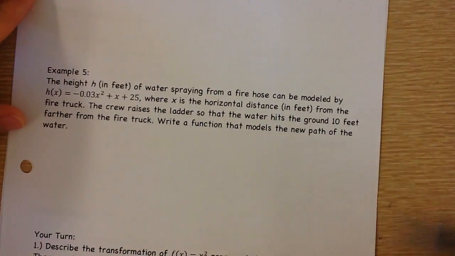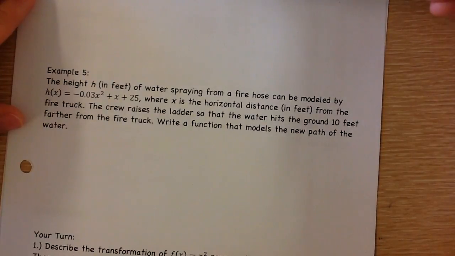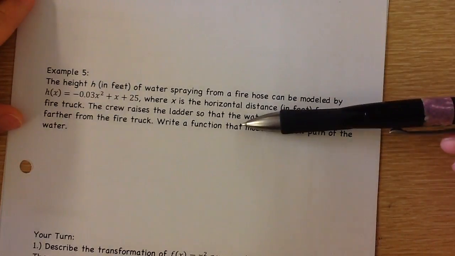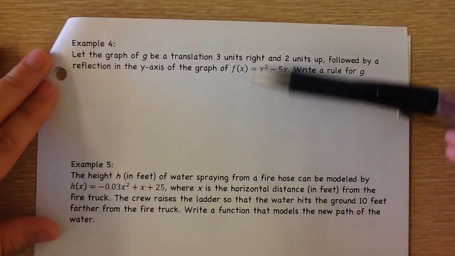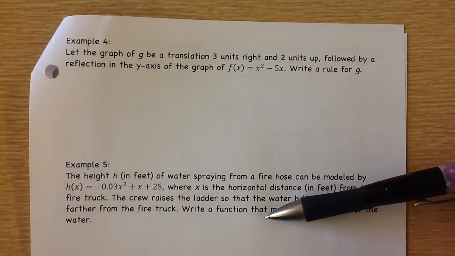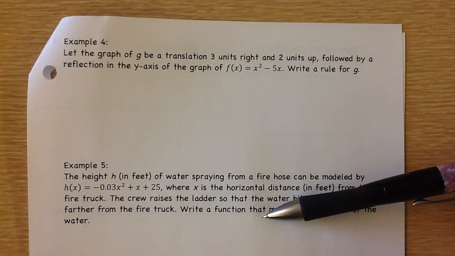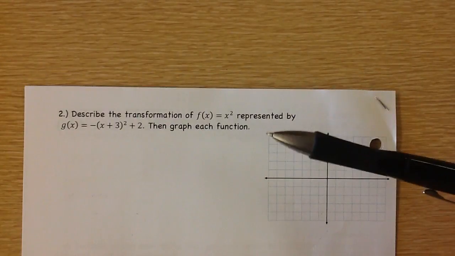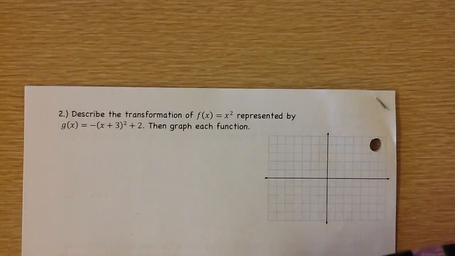Okay. All right, so we'll work through example 4 and example 5 at the beginning of class. But I want you to try your turn 1, and your turn 2 and 3.